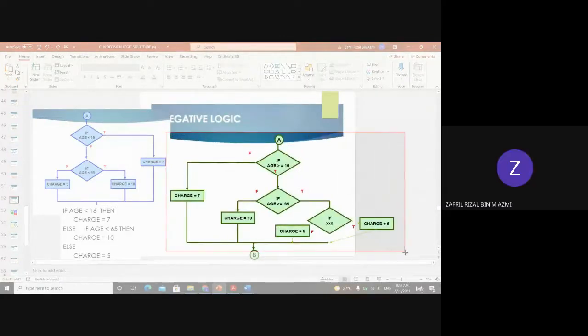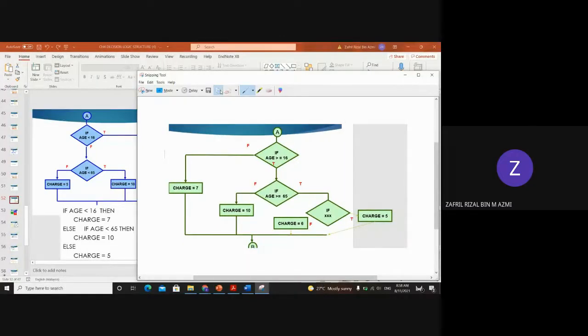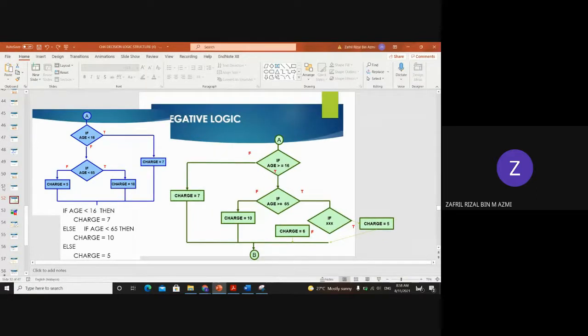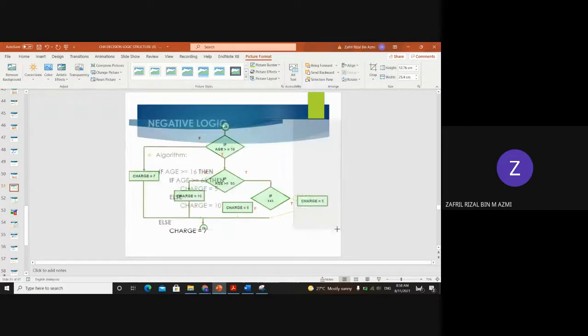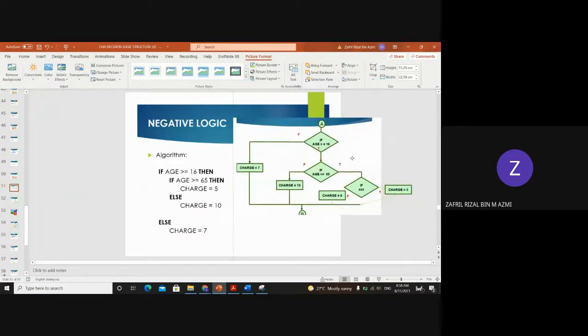In line 3. Line 3 here. Okay. Line 3. Is it correct?